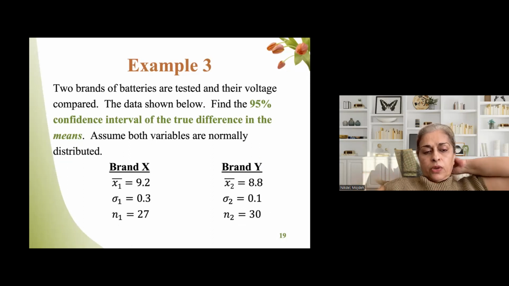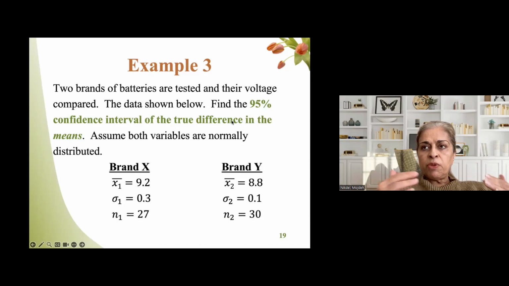Two brands of batteries are tested and their voltage compared. The data are shown below. Find a 95% confidence interval of the true difference in the means. Assume both variables are normally distributed. So we are finding a confidence interval for the difference between two means.